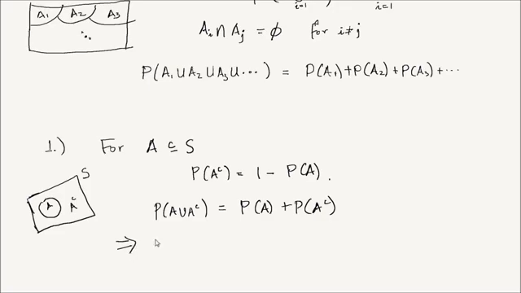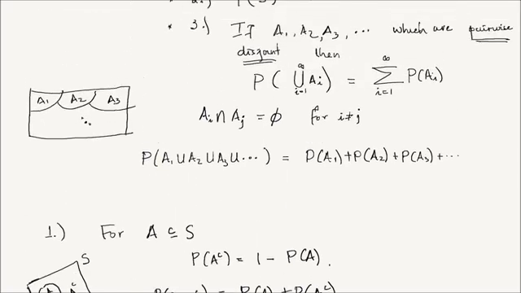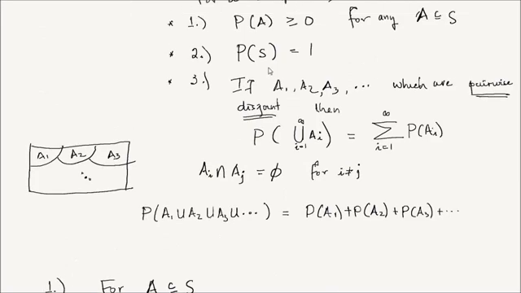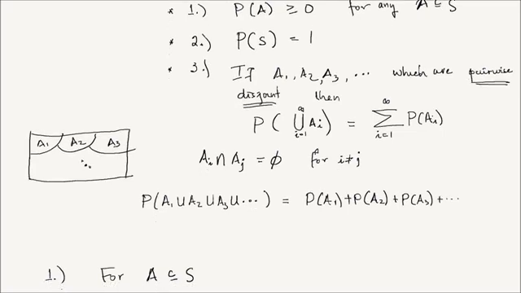This implies that the probability of what is A union A complement? A union A complement is the sample space. The probability of the sample space is equal to P of A plus P of A complement. By axiom number 2, we know that the probability of the sample space is equal to 1.